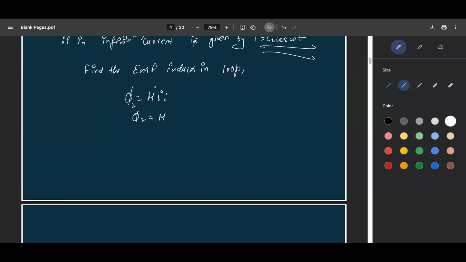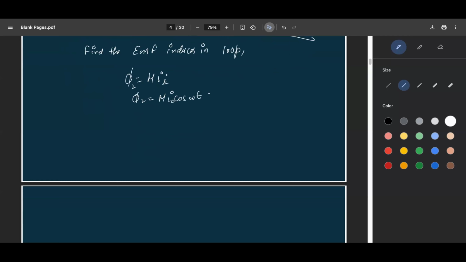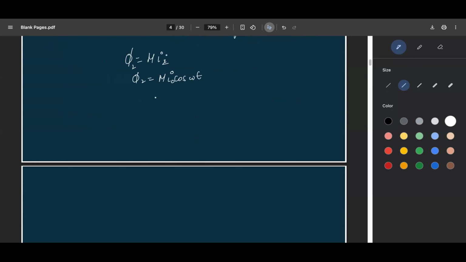What is I? It gives you I naught cos omega t. What is M? M is this big value. I'm not going to put it right now, I'll keep it for later. So if you do E equals minus d phi 2 by dt, negative M I naught cos differentiated becomes positive, so you will be getting sine omega t.